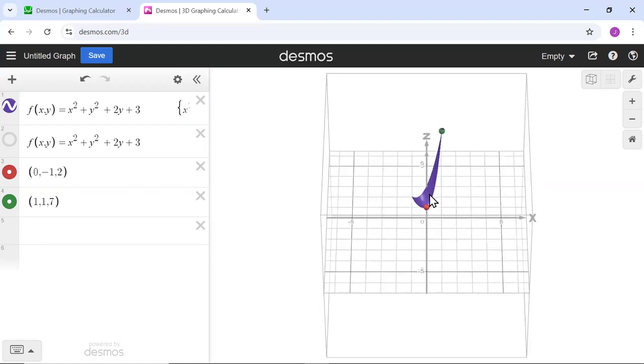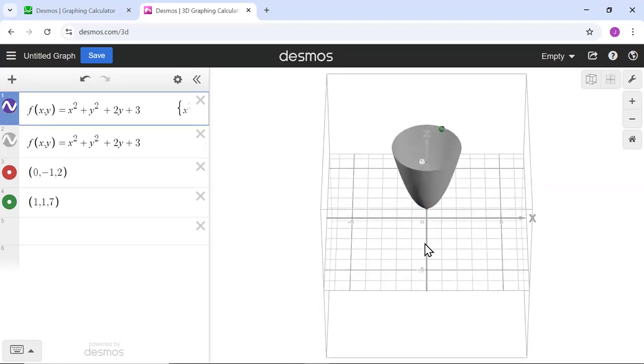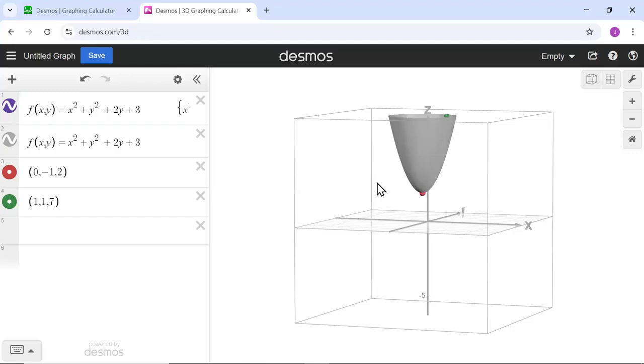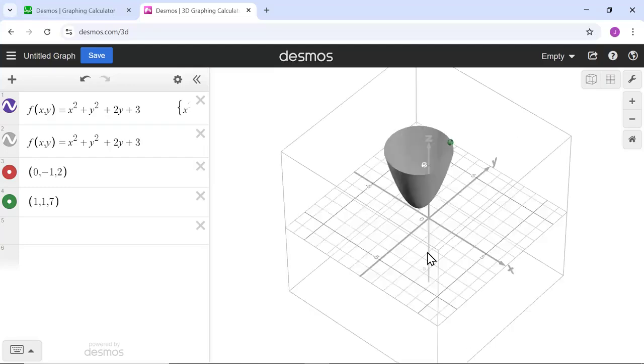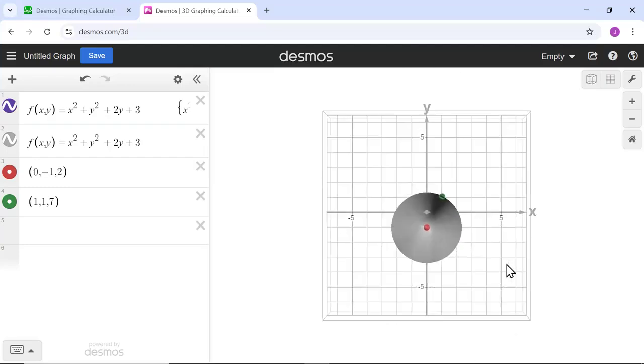It's saying normally I have the entire elliptic paraboloid, but we're looking at just the section of this elliptic paraboloid that's over this region. And so I check my critical points and I check the boundaries.